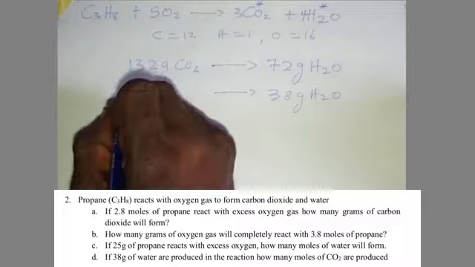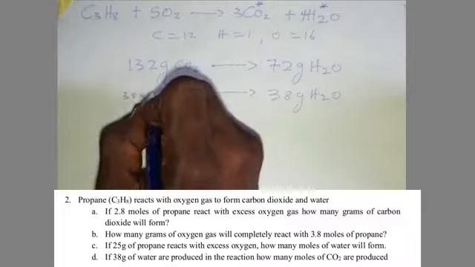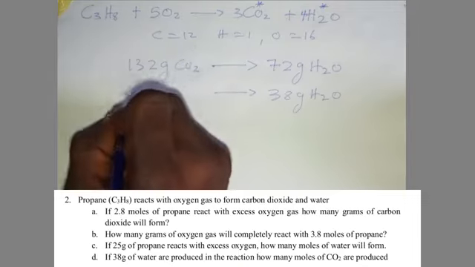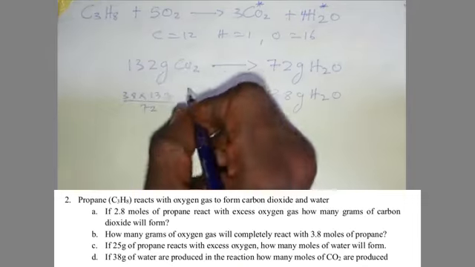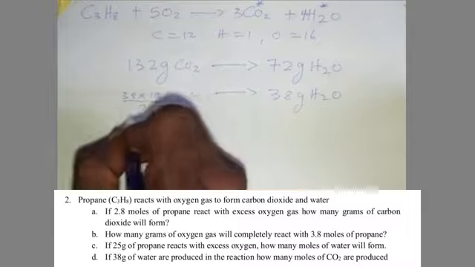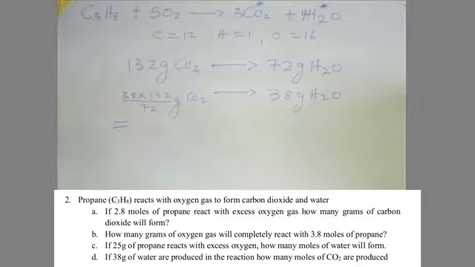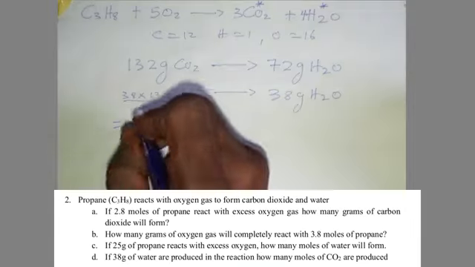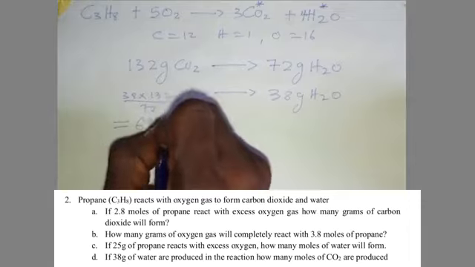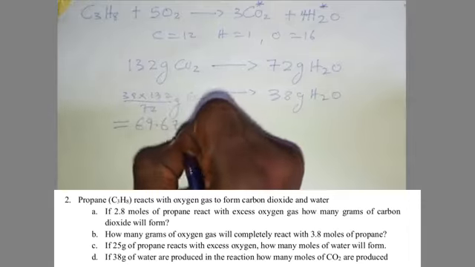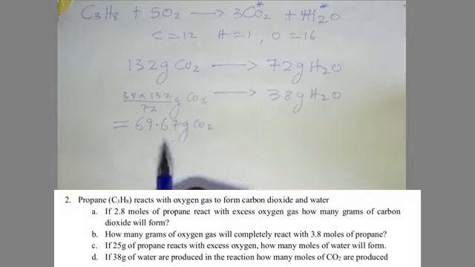So I have 38 times 132 all over 72 grams of CO2. When we calculate this, it's going to give us about 69.67 grams of CO2.